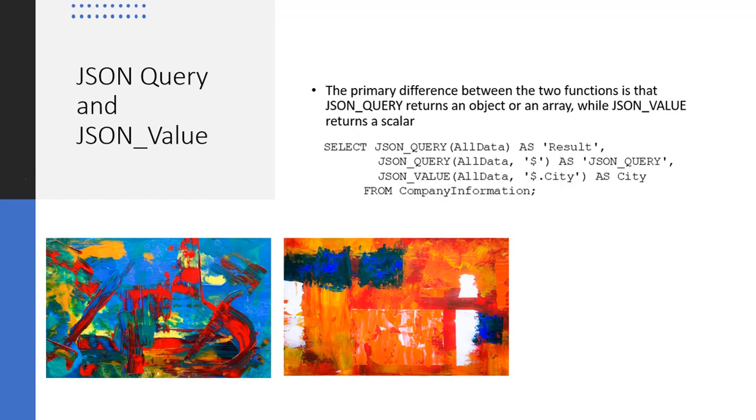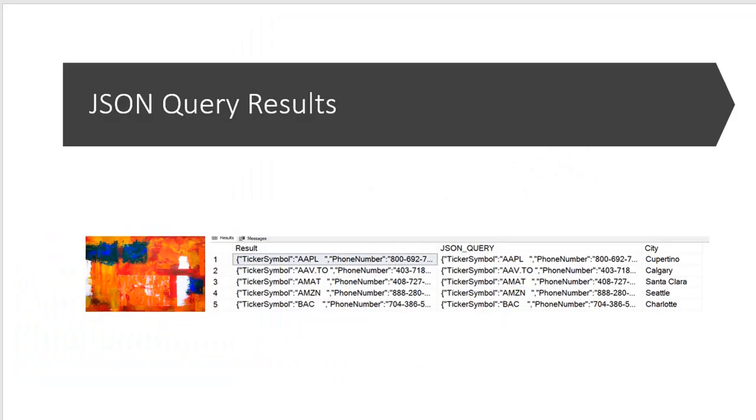So JSON_QUERY works better if somehow there's a multi-valued attribute, or if you've done a join and again there are multiple values. Here is the results of that query. Here's the first one that just says result, then JSON_QUERY, then city. These two are the same exact results.